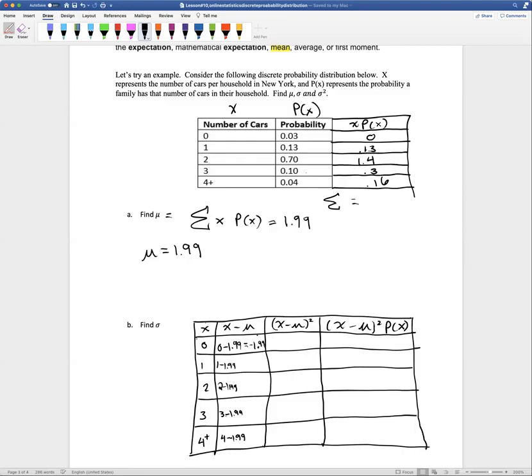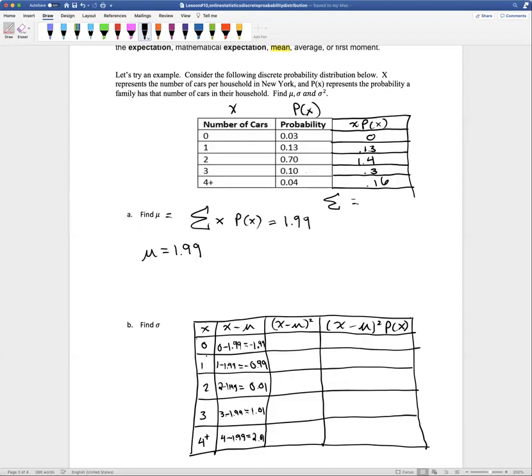1 minus 1.99. 2 minus 1.99. 3 minus 1.99. And then 4 minus 1.99. And again, just pointing out the similarities between standard deviation of discrete probability distributions and regular standard deviations.